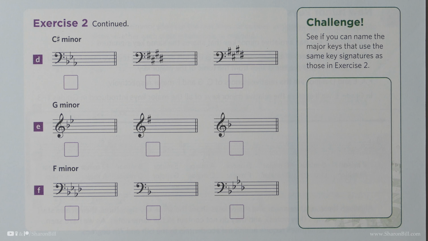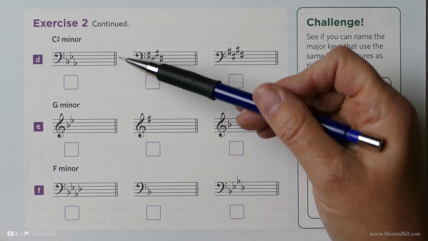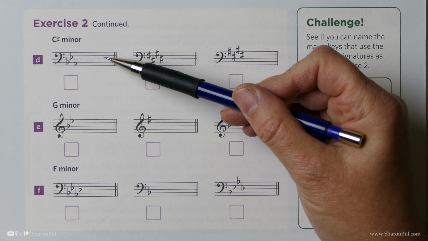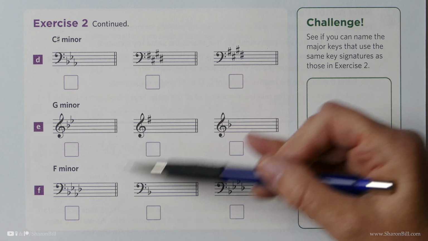Let's press on now to page 32 of the Grade 3 Discovering Music Theory. We get some more opportunity to try and remember the different key signatures that are required for all of the related keys working up to 4 sharps or 4 flats. And so we continue with exercise 2, where we look at the key signatures to see if these key signatures are correct.